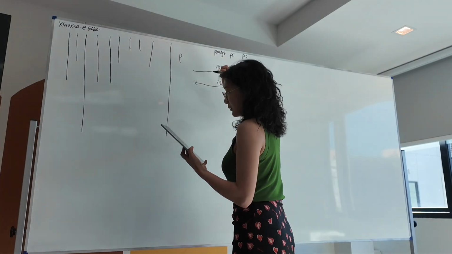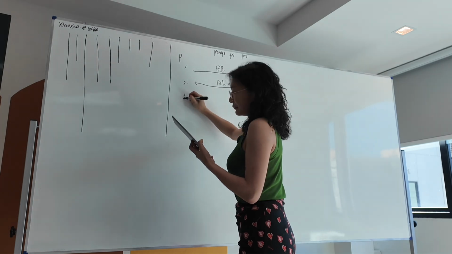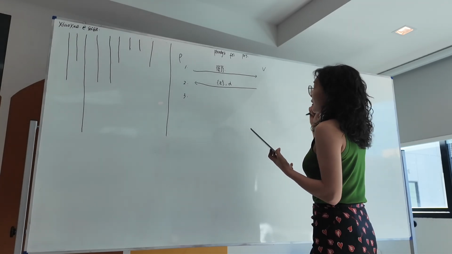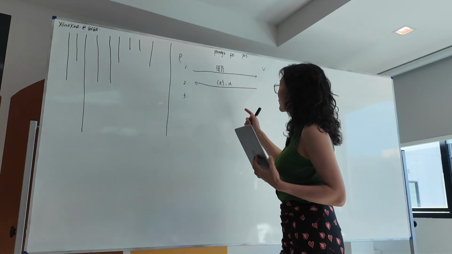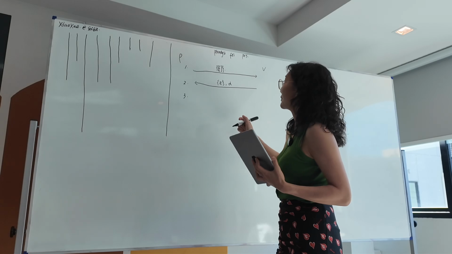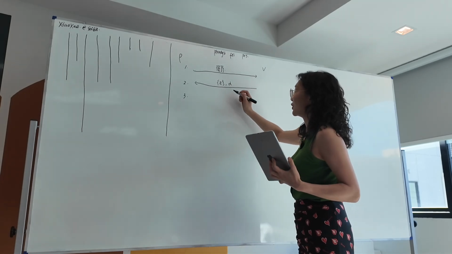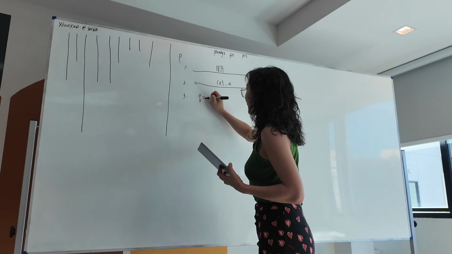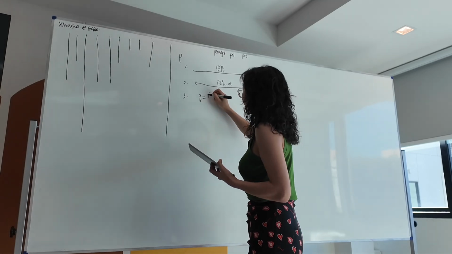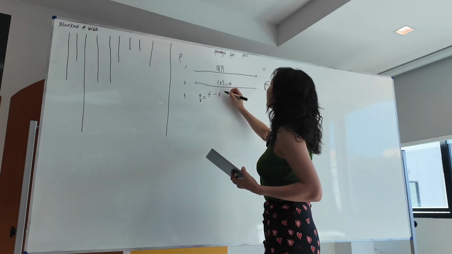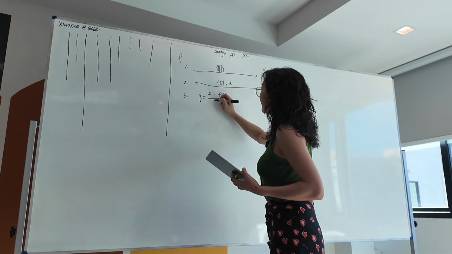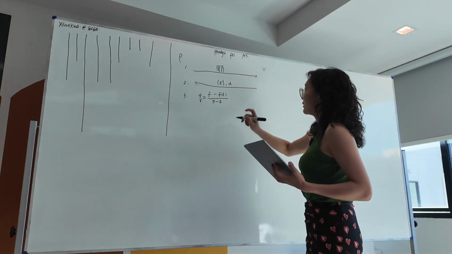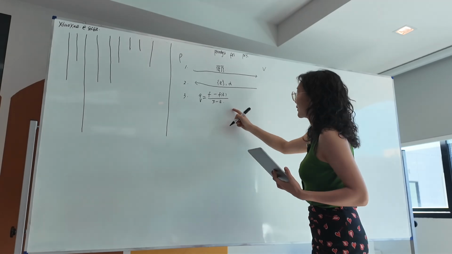The prover now needs to compute the quotient polynomial of f and its opened point Z, using the formula Q equals f minus f(Z), divided by x minus Z. In this step, the prover needs to compute the quotient polynomial.